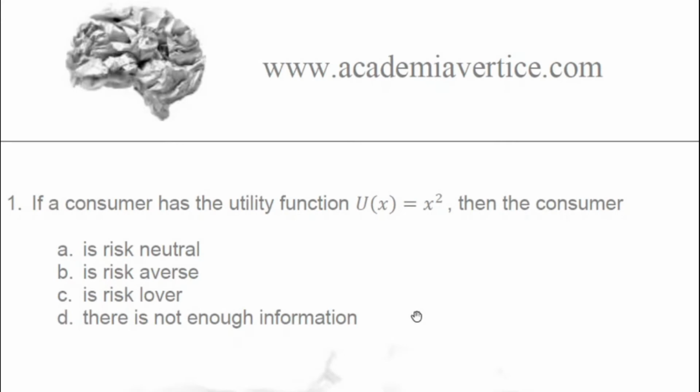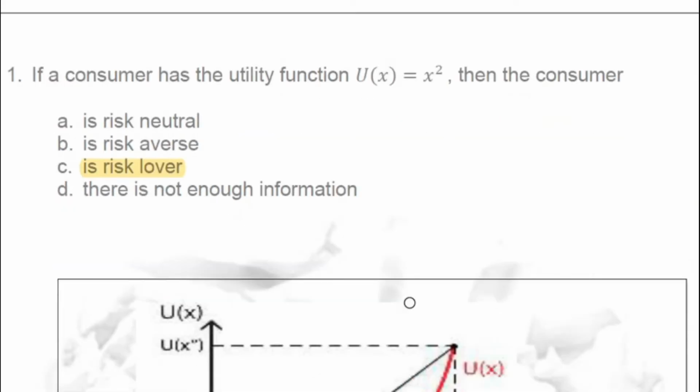Hello again. Let's begin now with unit number 6, choice under uncertainty. Now, question number 1. If a consumer has the utility function x squared, then the consumer is of course risk lover, because the utility function is convex, U-shaped.